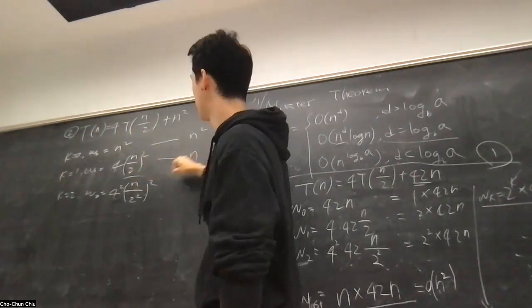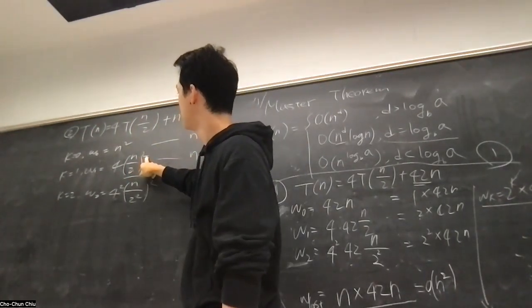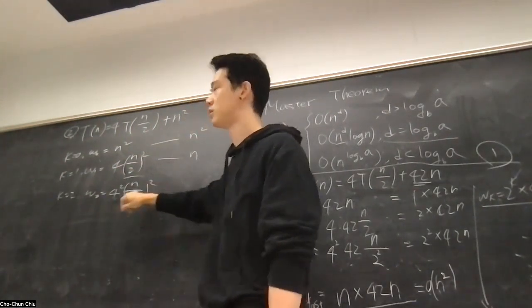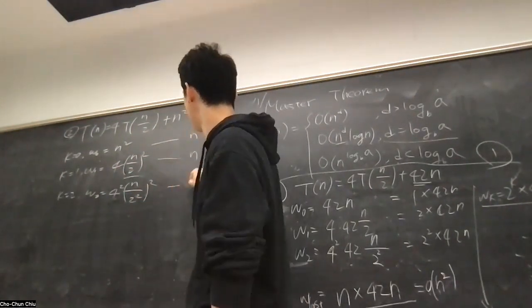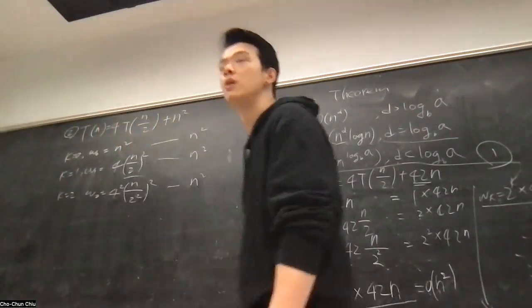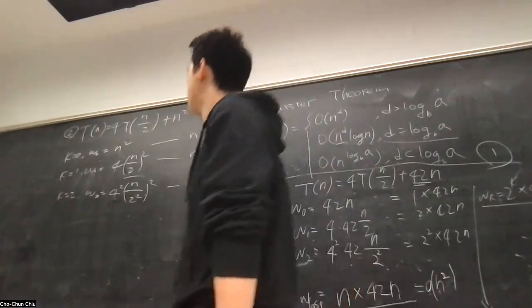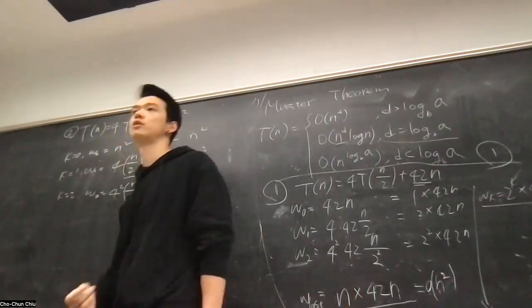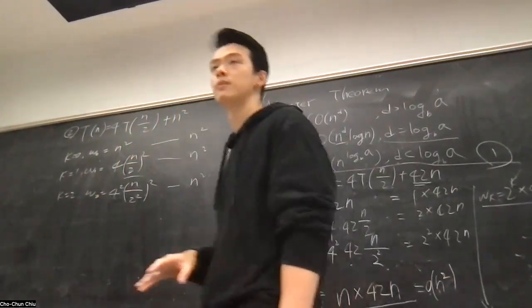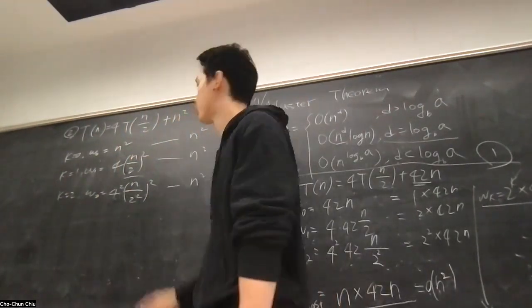N squared, right? Because 2 to the power of 2 is going to be 4. And this one, 2 to the power of 2 is 4. 4 to the power of 2 is the same, right? So n squared, n squared. Confused, what's W representing? Oh, the W means the size of work at each layer. Okay, just for that individual layer? Yeah, just for that individual layer.